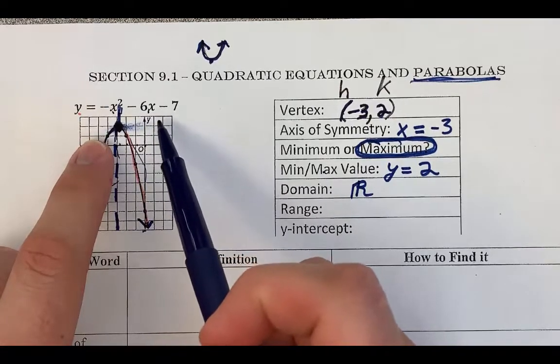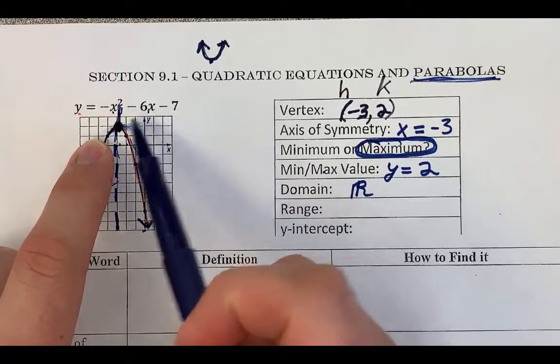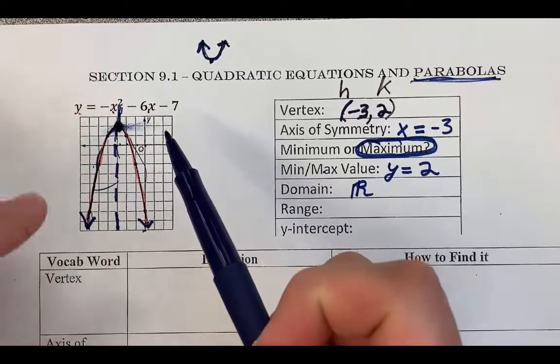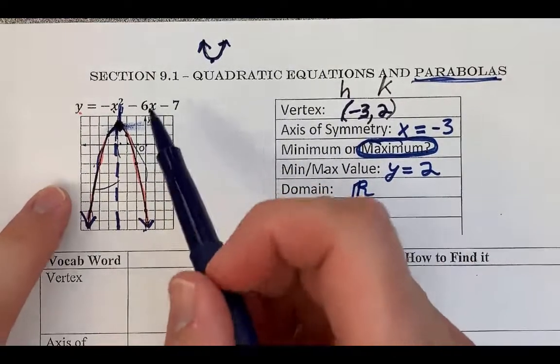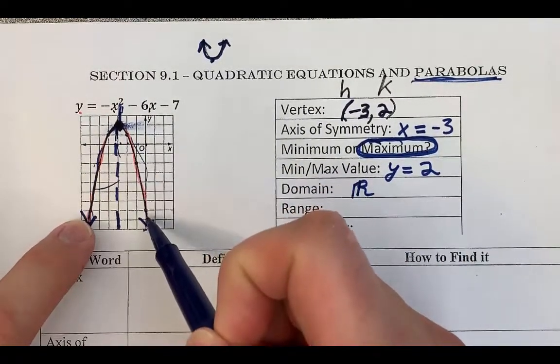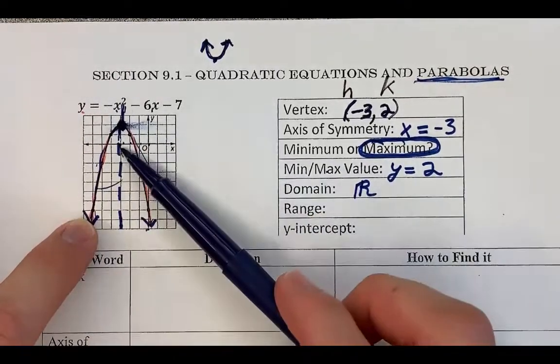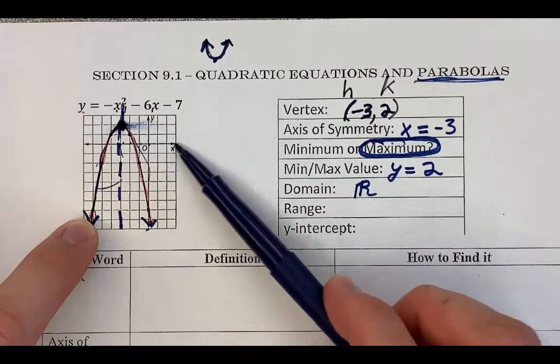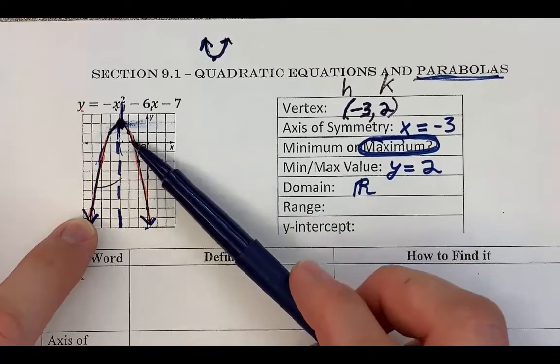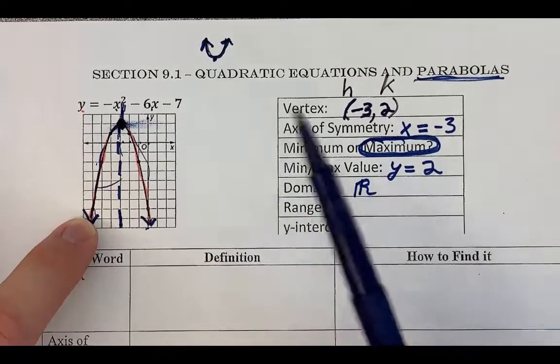There will always be a value for y. Another way to think about this is that this parabola will cover every single x value possible. Every value to the left, every value to the right will be covered by the parabola. So the domain is all real numbers.